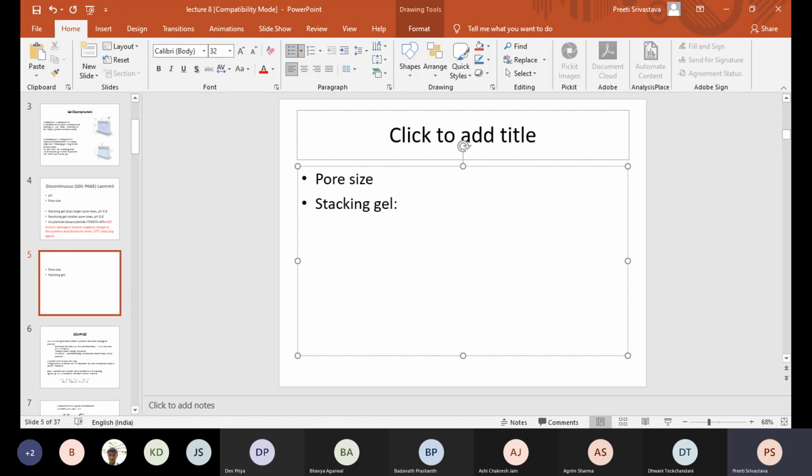Stacking gel will have larger pores or smaller pores? It should have larger pores. Larger pores. Very good. Larger pores means higher gel percentage or lower gel percentage? Lower percentage.